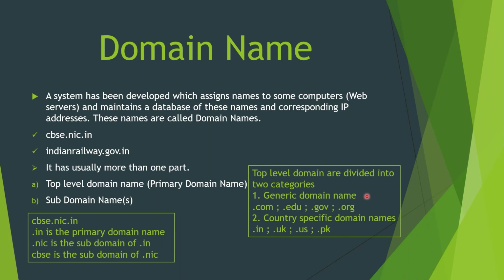First is generic domain name and second is country specific domain name. The generic domain names are basically related to the organization, meaning if it is commercial, educational or governmental, and country specific domain names indicate the country, like .in indicates India, .uk represents the United Kingdom, and so on.